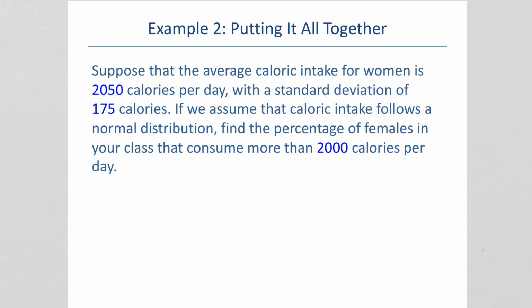So, we first need to find the z-score. So 2,000 minus our mean, which was 2,050, divide by the standard deviation of 175, and we get negative 0.29.